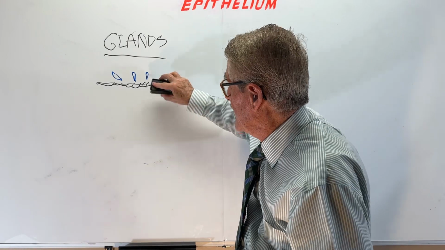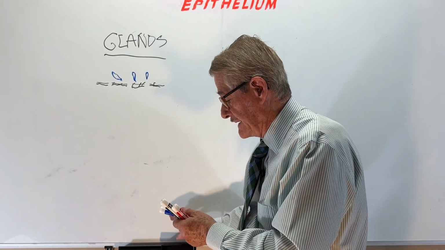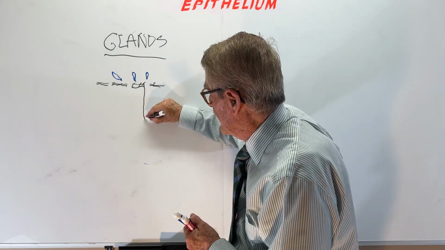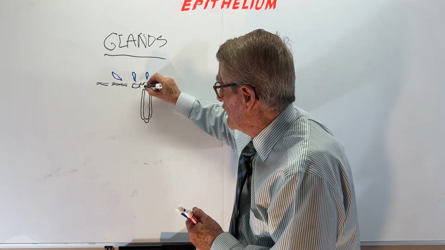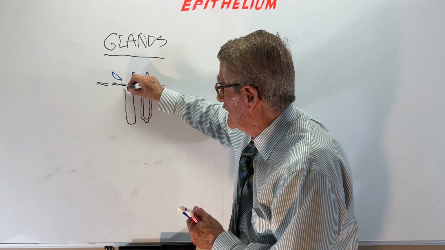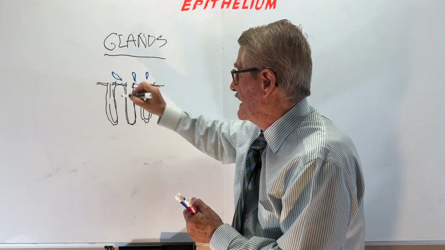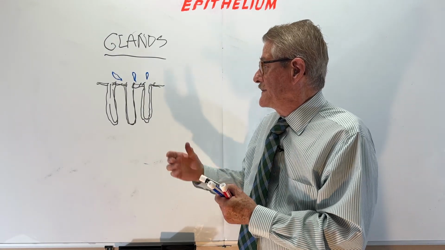If these cells decided to penetrate into the underlying lamina propria and form a gland. In other words, a gland is nothing more than a projection of the epithelium towards the connective tissue.